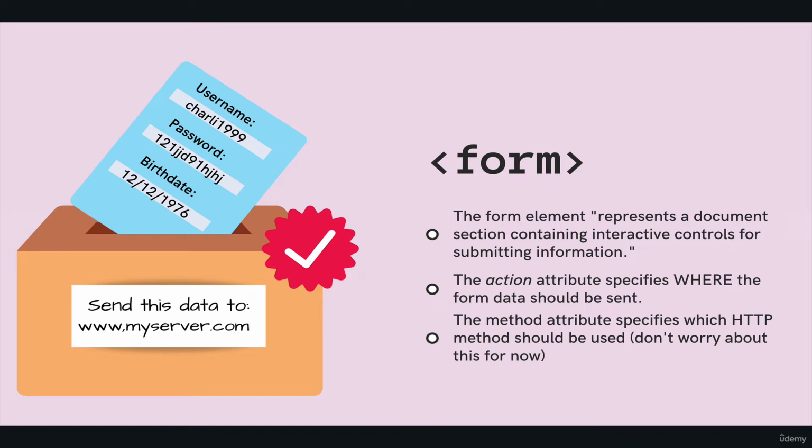So we can specify, send this data from the form to my server, or send it to, I'll show you a demo, Reddit's server if we wanted to. We can send data, I won't say wherever, but we have a lot of flexibility. And that parent form element we wrap around everything else is where we specify how the data should be sent and where.